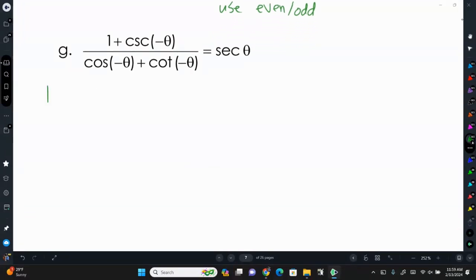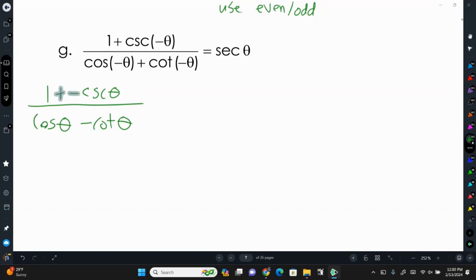If I look at my identity sheet, cosecant of negative theta is negative cosecant of positive theta, cosine of negative theta is cosine of positive theta, and cotangent of negative theta is negative cotangent of positive theta.